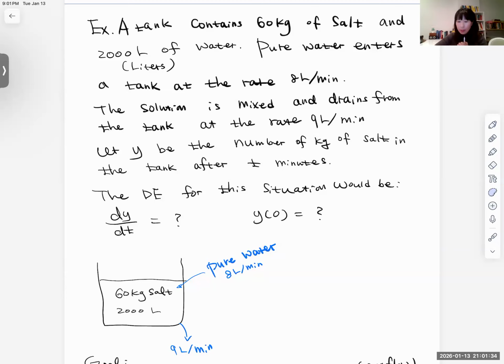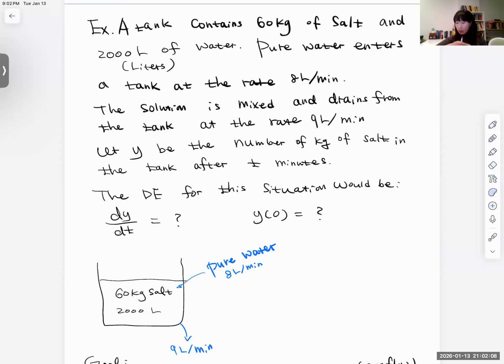Okay, so this will be the last question in this section. A tank contains 60 kilograms of salt and 2,000 liters of water. Pure water enters the tank at the rate of 8 liters per minute. The solution is mixed and drains from the tank at the rate of 9 liters per minute.